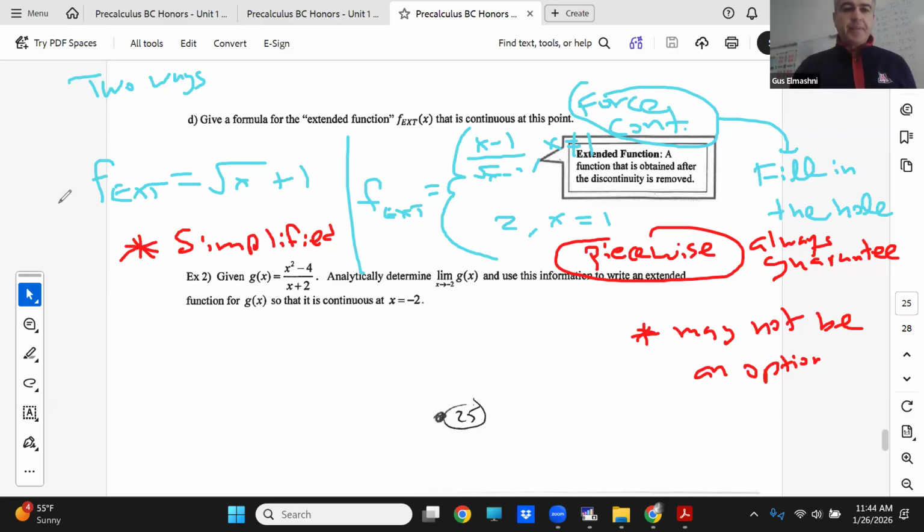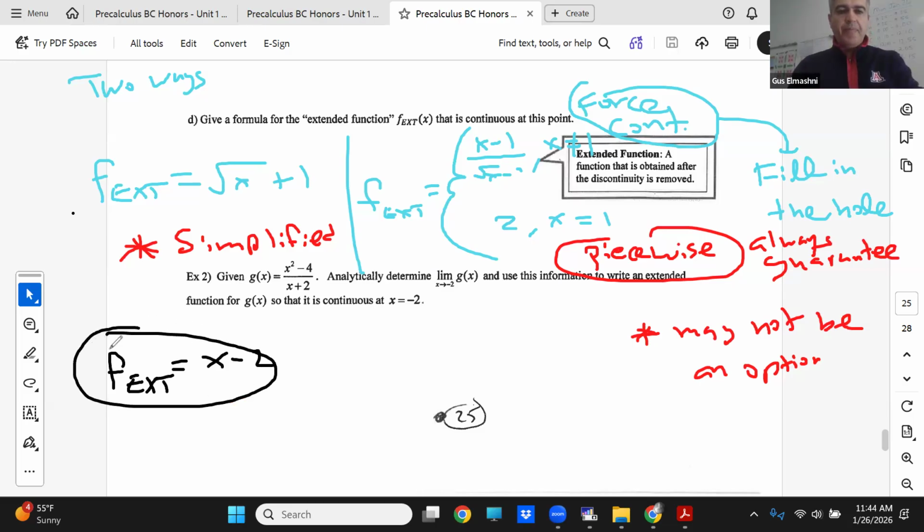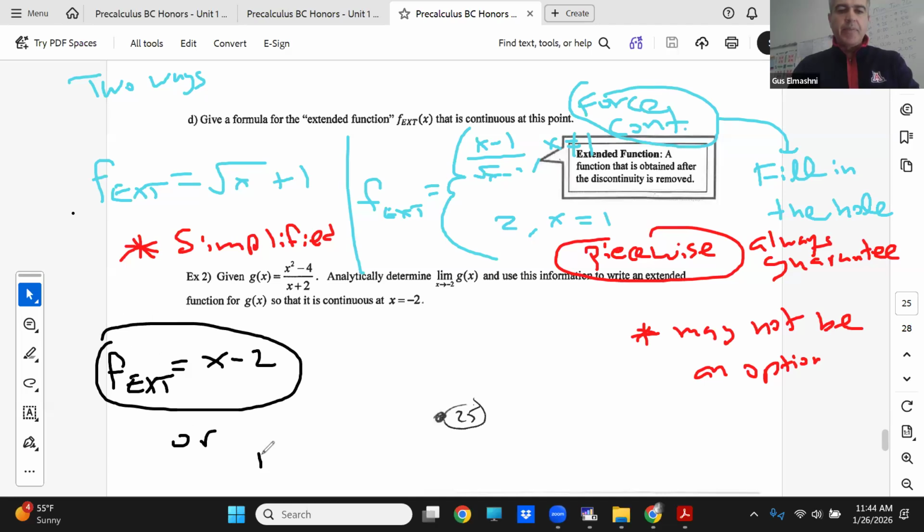Okay, let's try this again. Let's look at example 2. I won't move the screen so you guys can still see this. For example 2, analytically determine the limit. Great. Write an extended function. Great. My extended function, I'm just going to get out of the way quickly. Or you could write it like this.